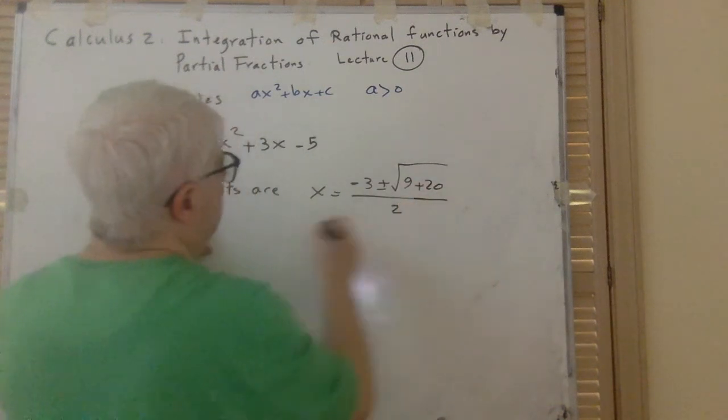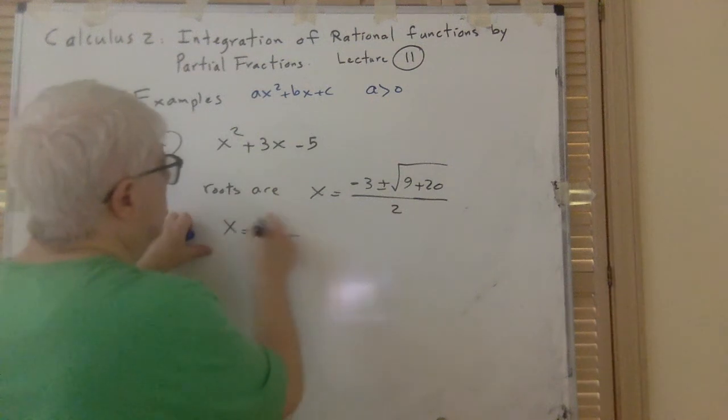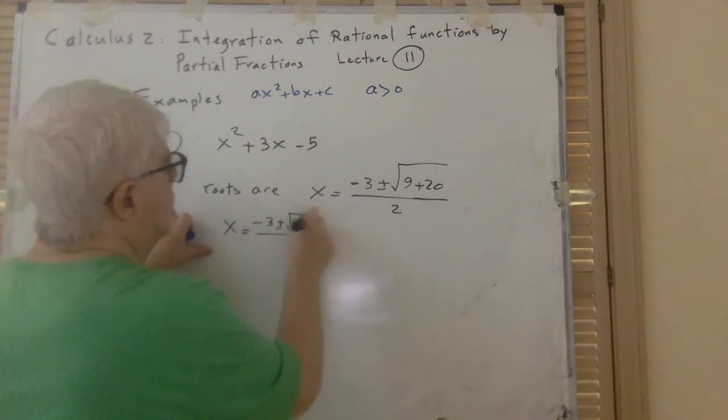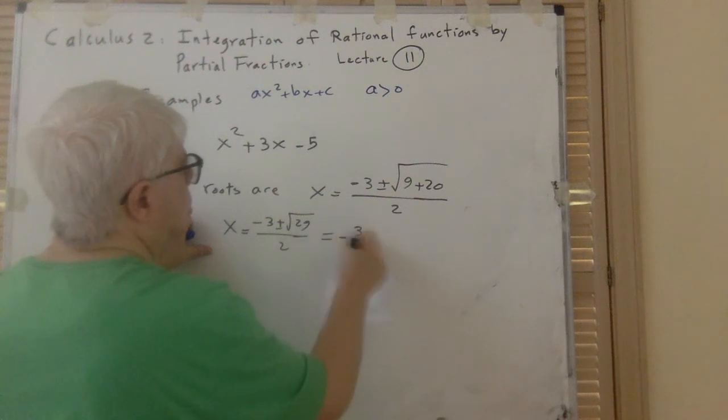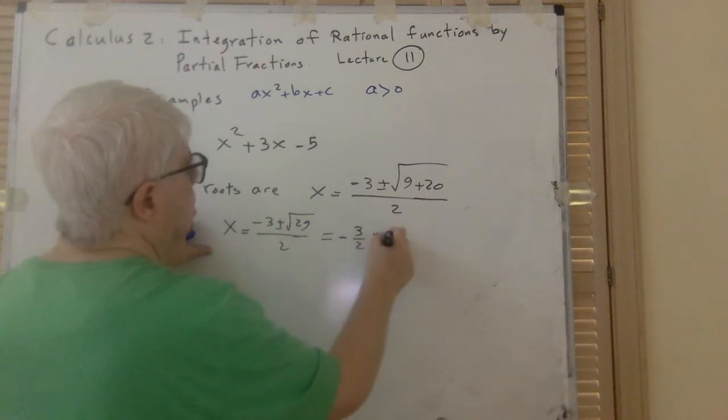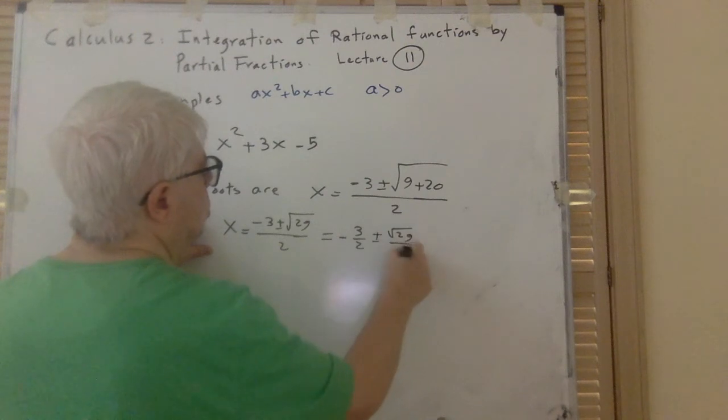Divided by 2. So x is minus 3 plus minus square root of 29 divided by 2. So it is minus 3 over 2 plus and minus square root of 29 over 2.